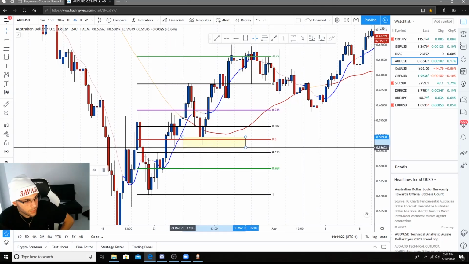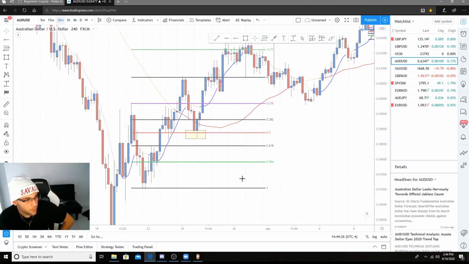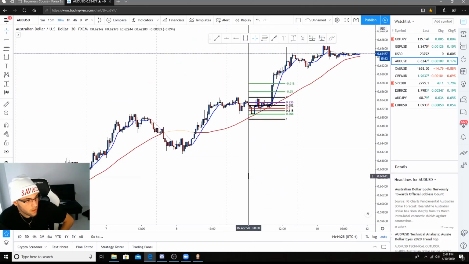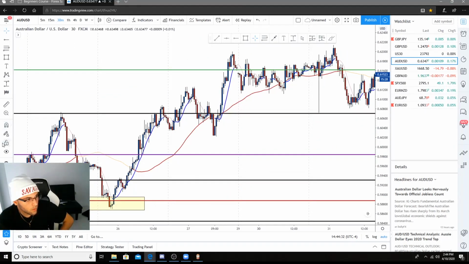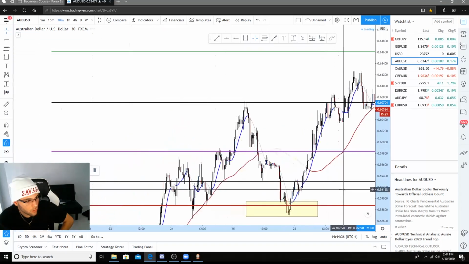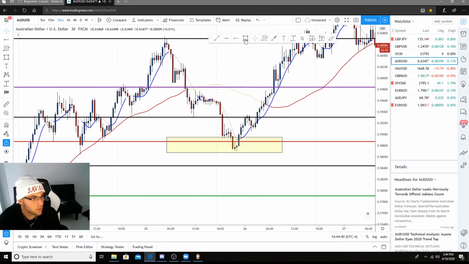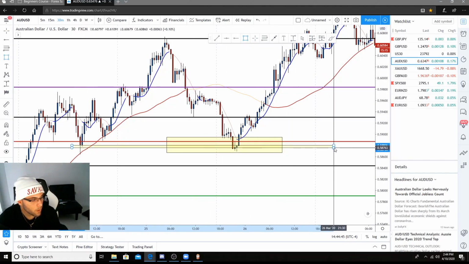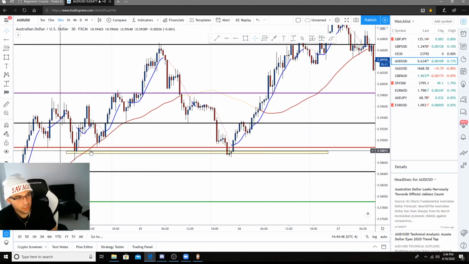Now let's go and make this smaller. Let's go to 30 minute. Lock that up. So this is the 30 minute right here, which is also a form of support on the big side right here, looking to the left.